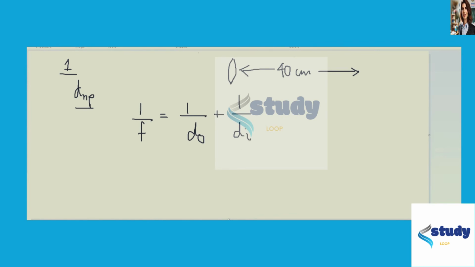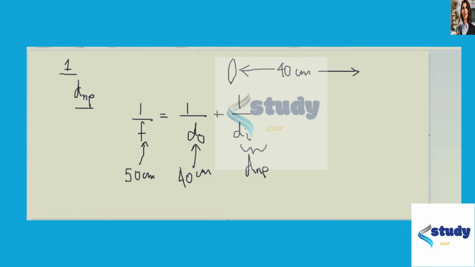Here, di is essentially his near point, because based on where you place the object, the image is being formed at his near point. So dO is 40 centimeters, and f is 50 centimeters.